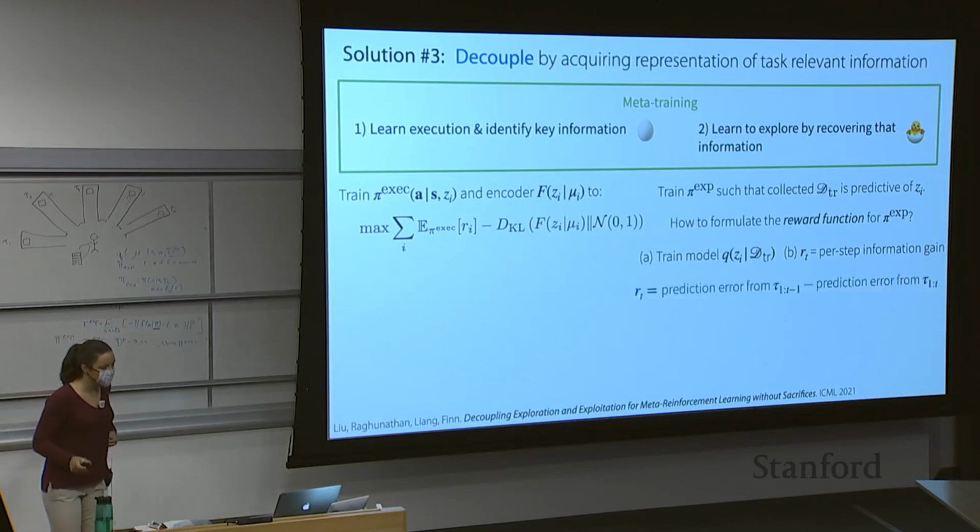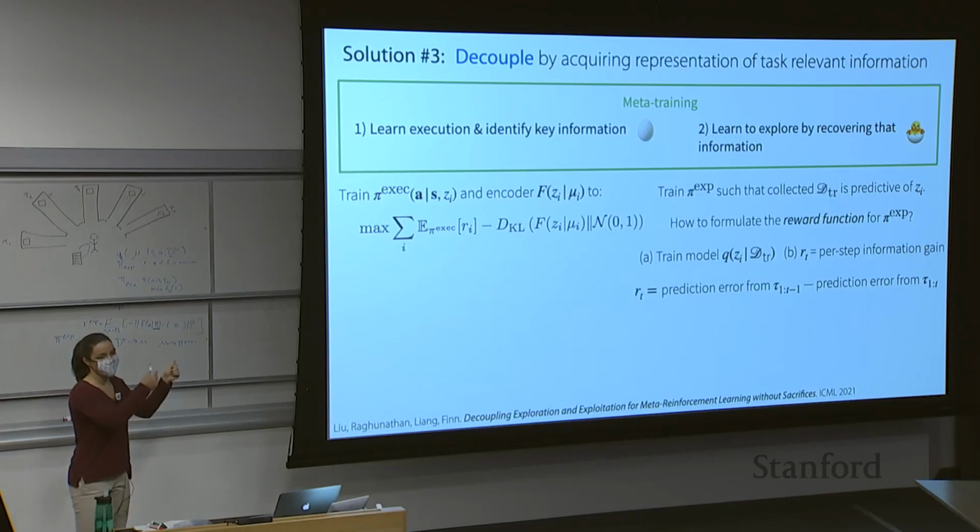The way we can do this is have the reward correspond to comparing the prediction error up until the current time step and the prediction error up until the previous time step. It gets higher reward if it is able to effectively lower the prediction error from the previous time step to the current time step. This gives it a more dense reward to say, at this current time step, did you actually help me gain information about what the task variable is?